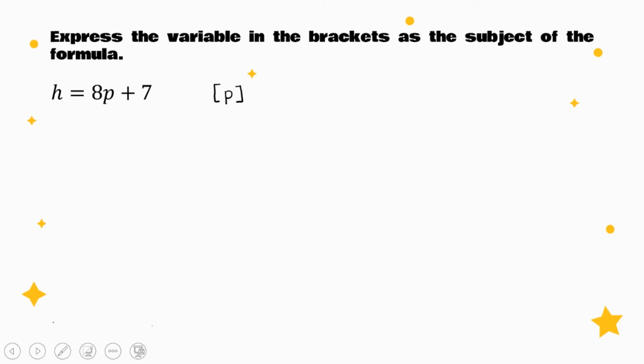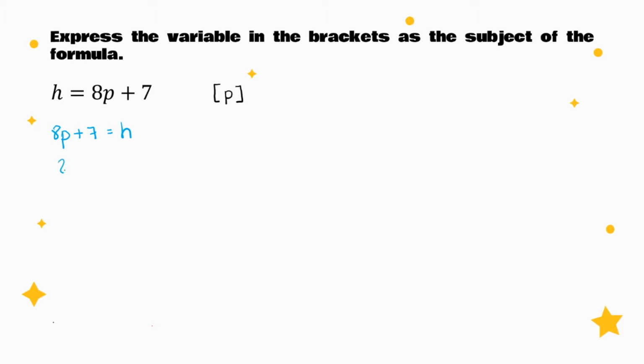For the first step, we must move the subject to the left hand side. So we move 8P plus 7 equals to H. Now we must dismiss the 7 at the left hand side.